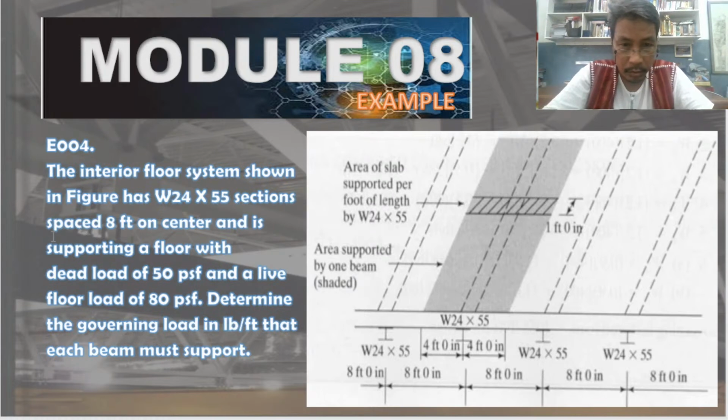Okay. So spaced how much? 8 feet on center, meaning center to center. So as you can see in the figure, this is the beam, a W-type element with 24 nominal depth and 55 weight per foot.